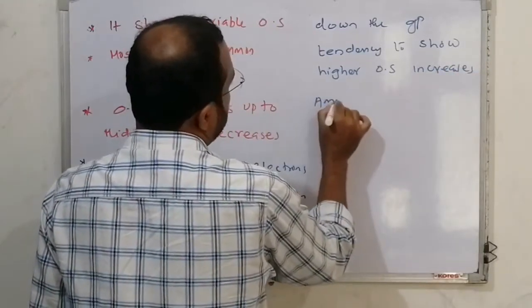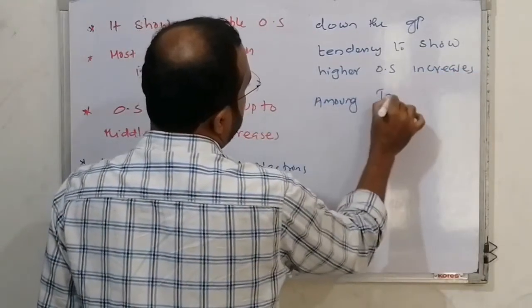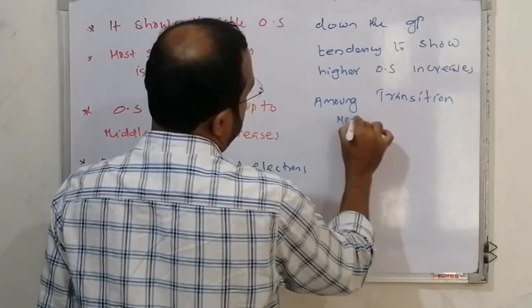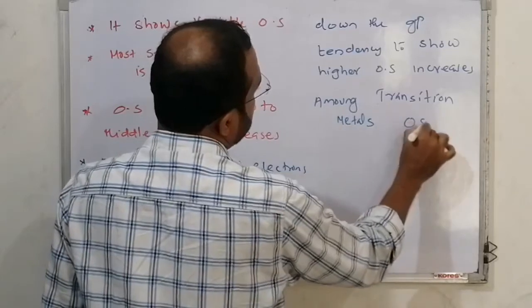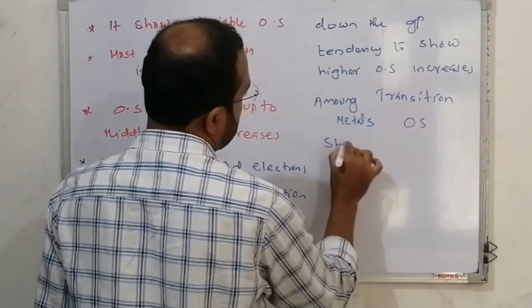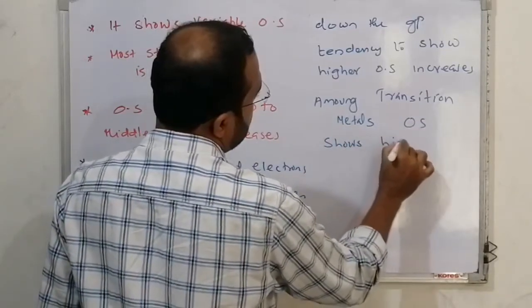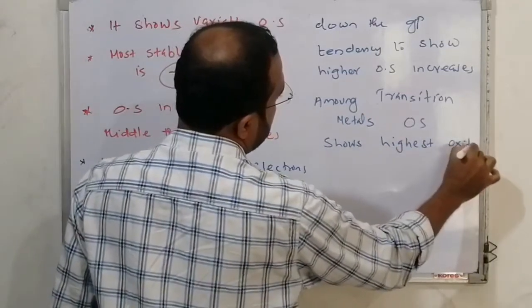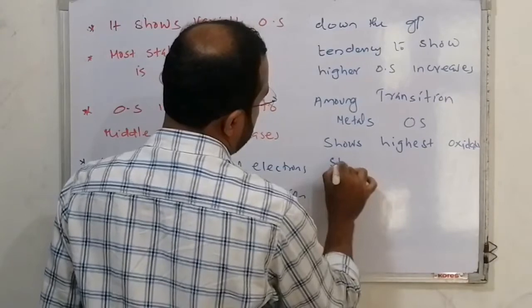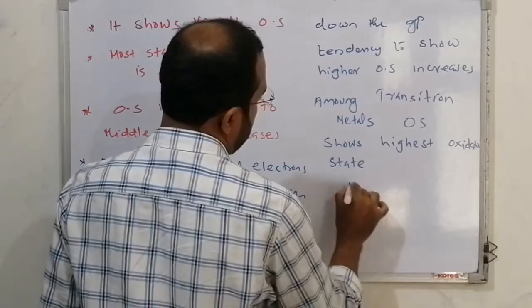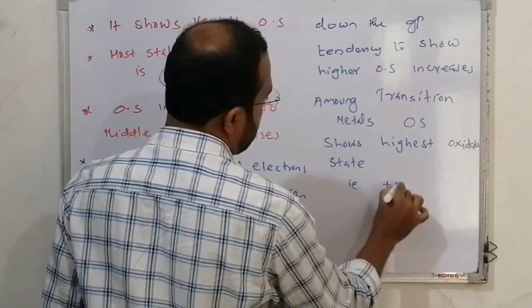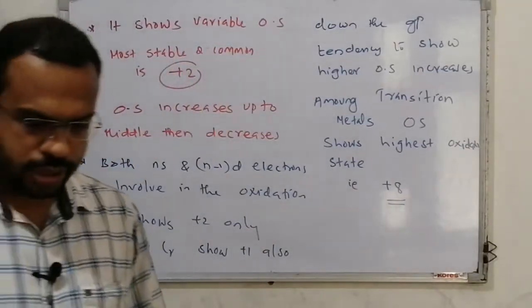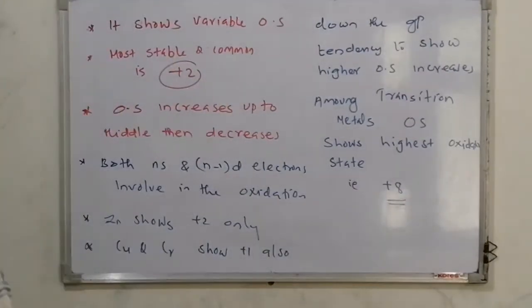Among transition metals, osmium shows the highest oxidation state, that is +8.